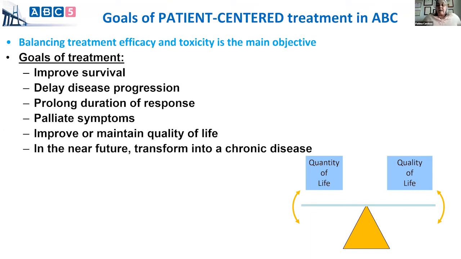And we think, or many of us believe, that the first step towards a possible cure in the future would be to be able to transform metastatic disease into a chronic disease. So meaning a disease that you can live several decades with a good quality of life, even if you have to take some treatment. So just this balance between quality and quantity of life.